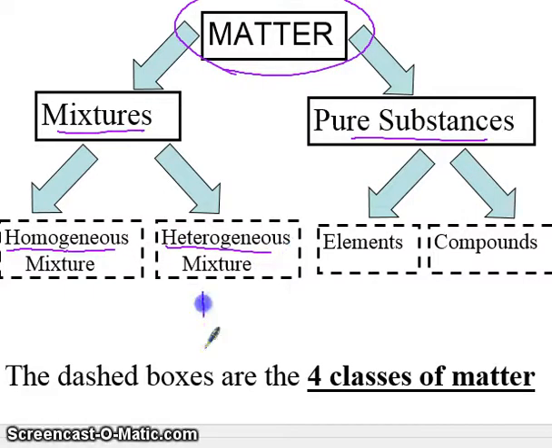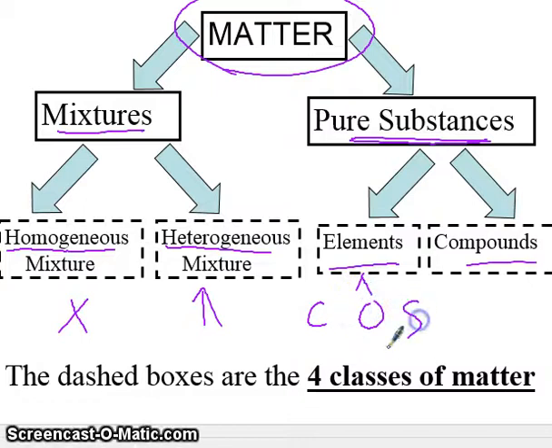Usually you can see the different parts in a heterogeneous mixture, but not in a homogeneous mixture. If it's not a mixture, if it's a pure substance, that pure substance can either be an element or a compound. Remember, elements are on the periodic table, like carbon, like oxygen, like sulfur. And compounds are made of the elements, so like carbon dioxide. And these are considered the four classes of matter.